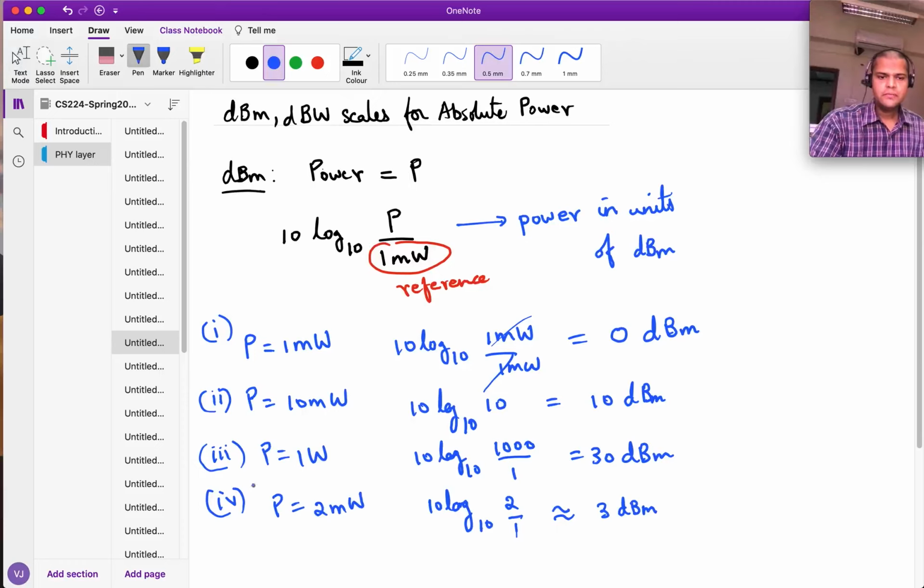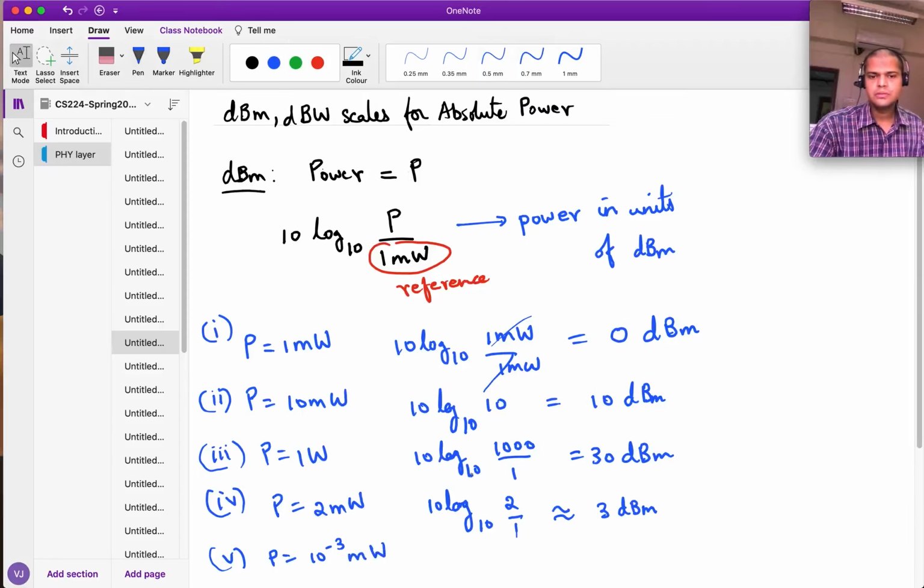What if I have a microwatt, 10 to the power of minus 3 milliwatt? What's it going to be? Well, 10 log to the base 10, I have 10 to the power of minus 3 here. So this is going to be equal to minus 30 dBm.